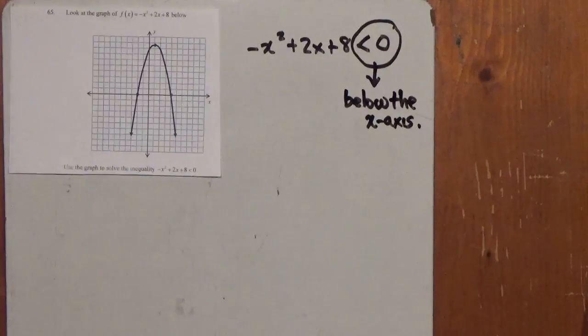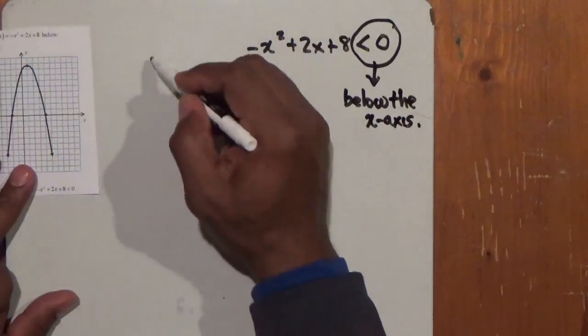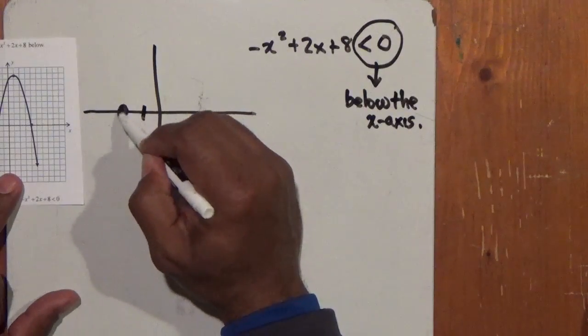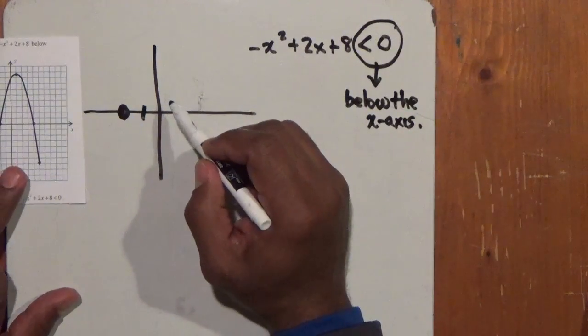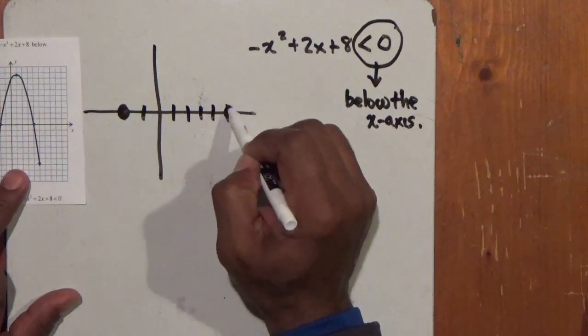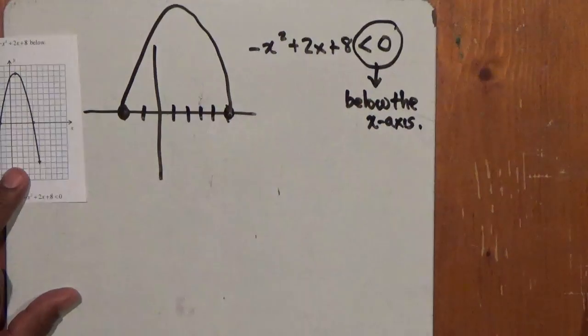Below the x-axis. So, if we look at this graph, I'm just going to try to reproduce part of this graph real quick. 1, 2, negative 2, and looks like 5. 1, 2, 3, 4, 5. This graph goes up here.